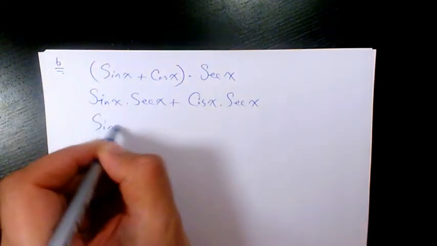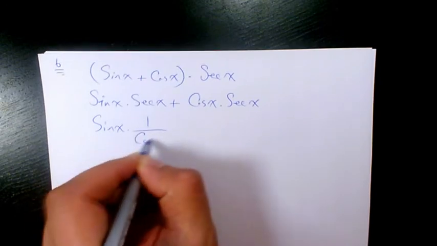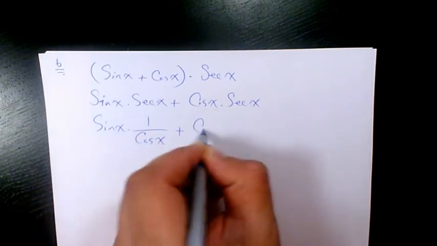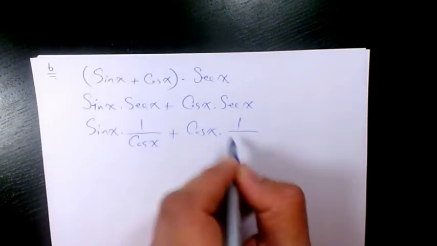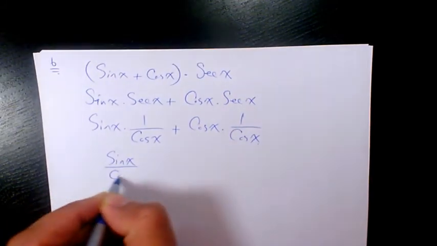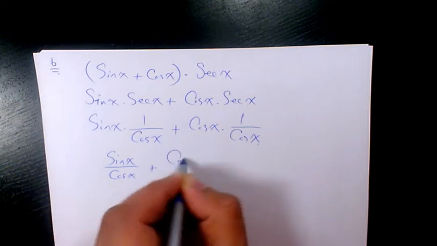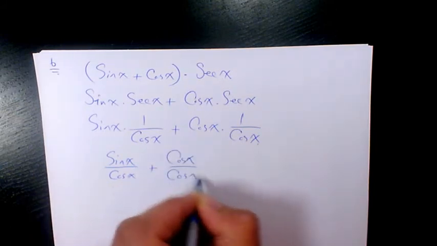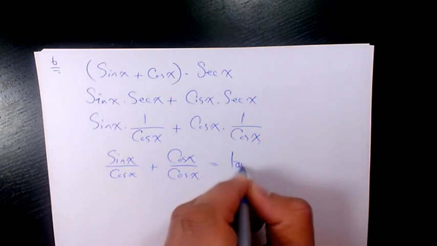Sine x times secant is 1 over cosine. And here cosine x times secant again 1 over cosine. So it's going to be sine over cosine x plus cosine x over cosine x. That will be tan x plus 1.